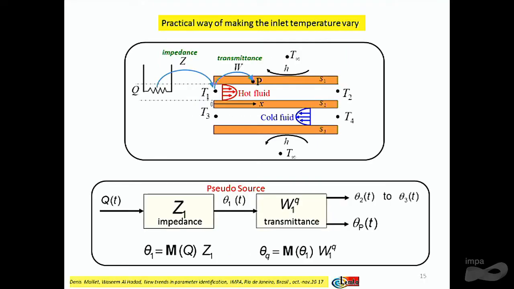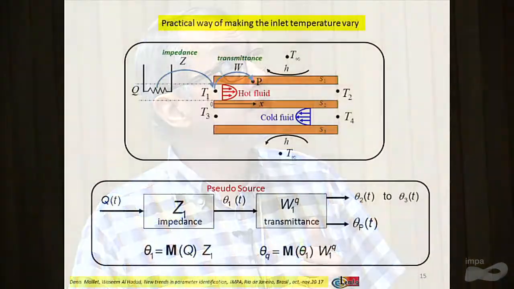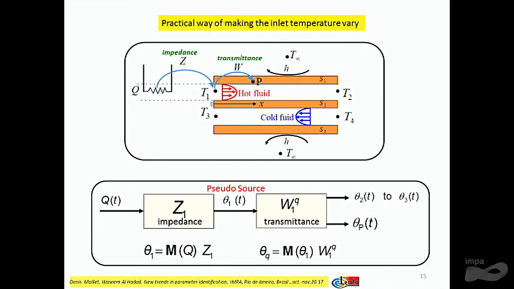So here is an example. That's the heat exchanger, and here we use a heat source, a power heat source, because it's easier to control. So that's the real cause, that's the real source. And using an impedance, you go back to theta 1, T1 minus the initial temperature, and you have an impedance.